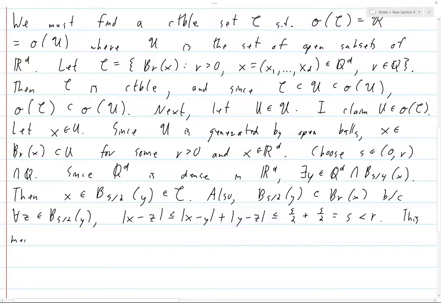This means that there exists some set V_x in C such that X is contained in V_x and V_x is contained in U. And of course, in this particular case, V_x happens to be the ball of radius S over 2 centered at Y. Okay, so anyways, this is all we need. For every X in U, there is a V_x in C such that X is an element of V_x and V_x is contained in U.